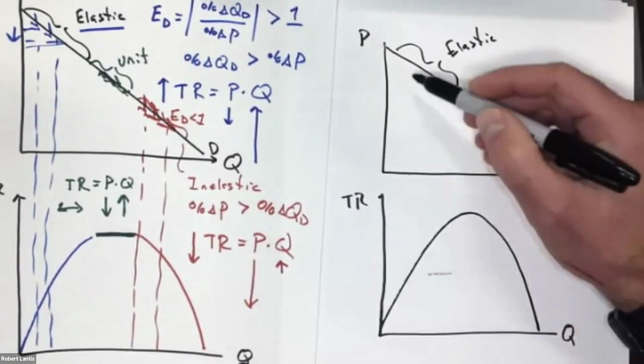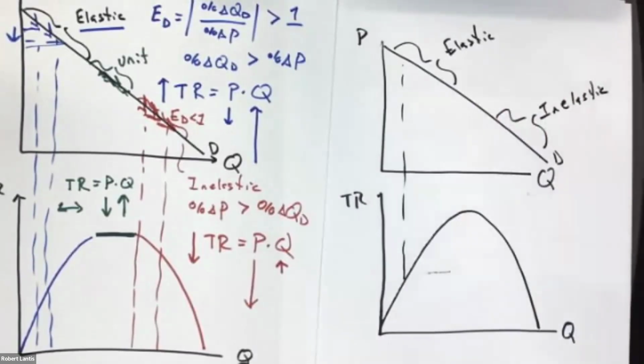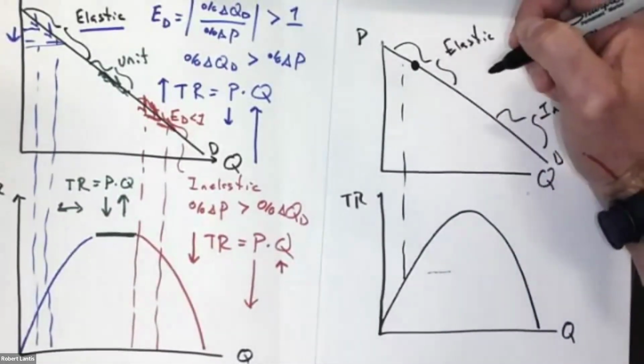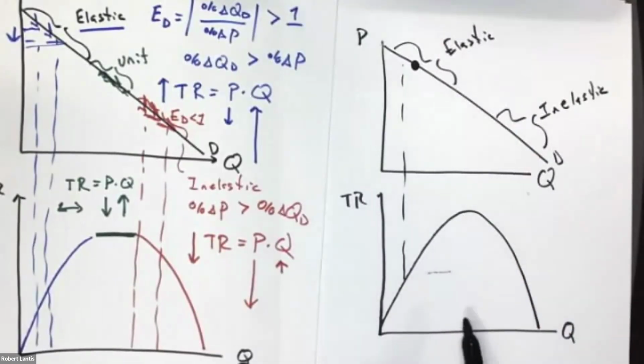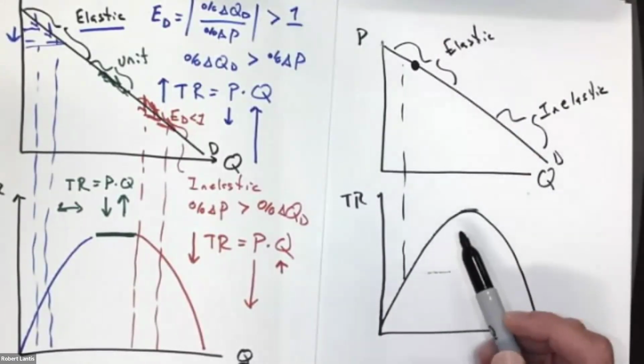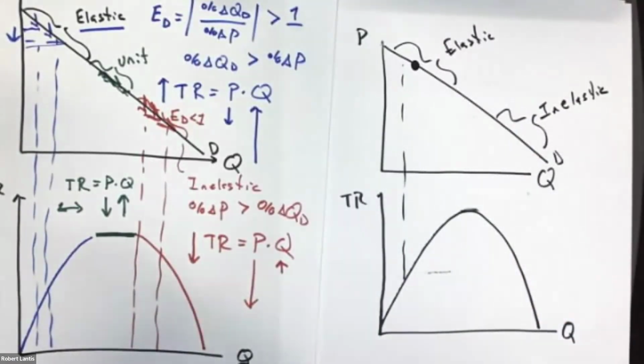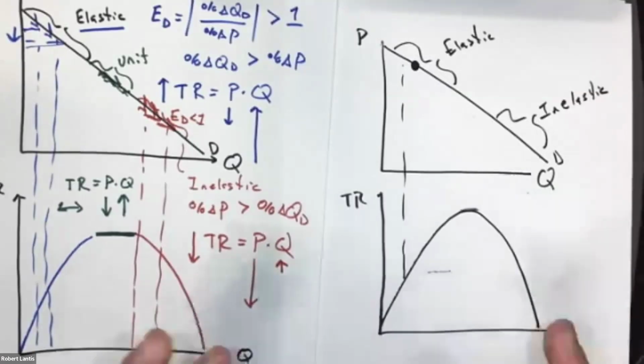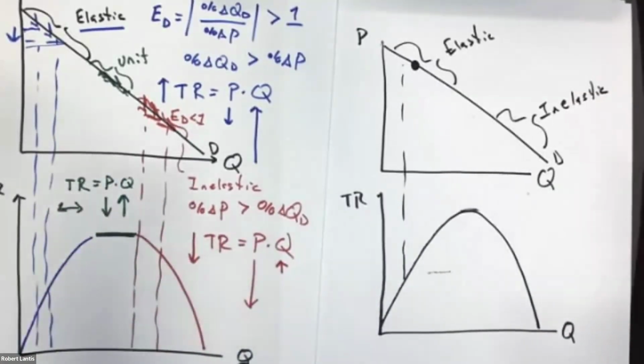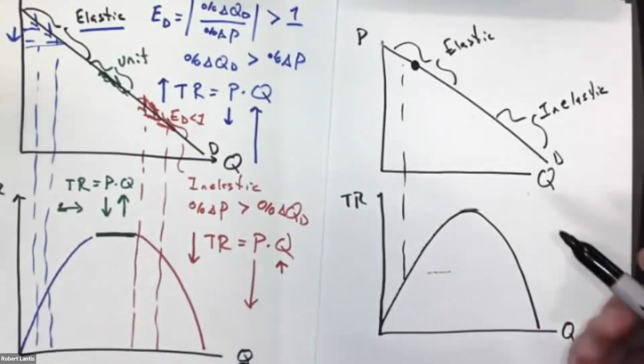Here's, at every quantity, the corresponding total revenue. So if I'm on the elastic portion, how can I get to this point where total revenue is maximized? If I'm a company, that's what I want. If I'm not thinking about costs, I can keep my costs the same here. We'll combine the two things later on in the semester. But for now, just thinking about how I maximize my total revenues.